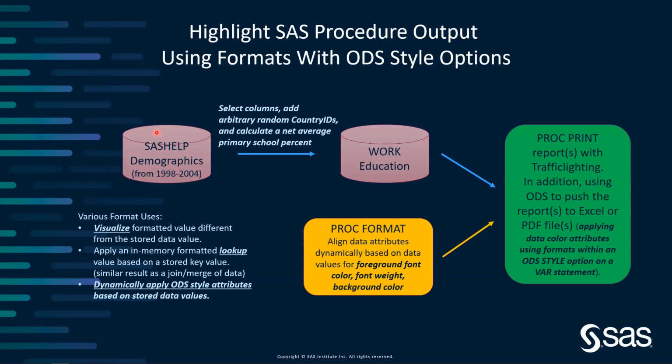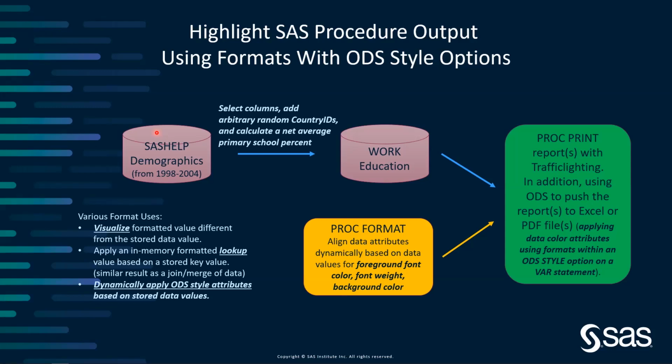The demographics include population data, poverty data, education data, and I will be adapting this data set somewhat by removing any identifying country values and replacing them with arbitrary random country IDs.